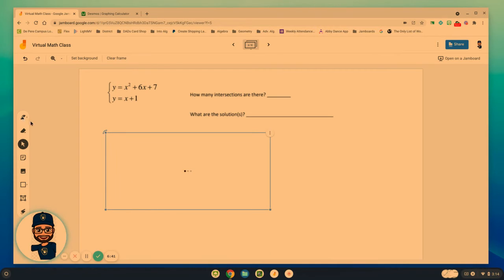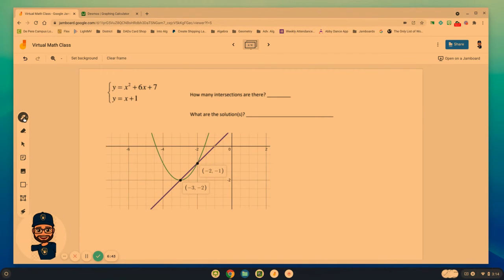How many intersection points are there? 2 intersection points. Therefore, the solutions are (-3, -2) and (-2, -1). Those 2 points are part of both the parabola and the line.